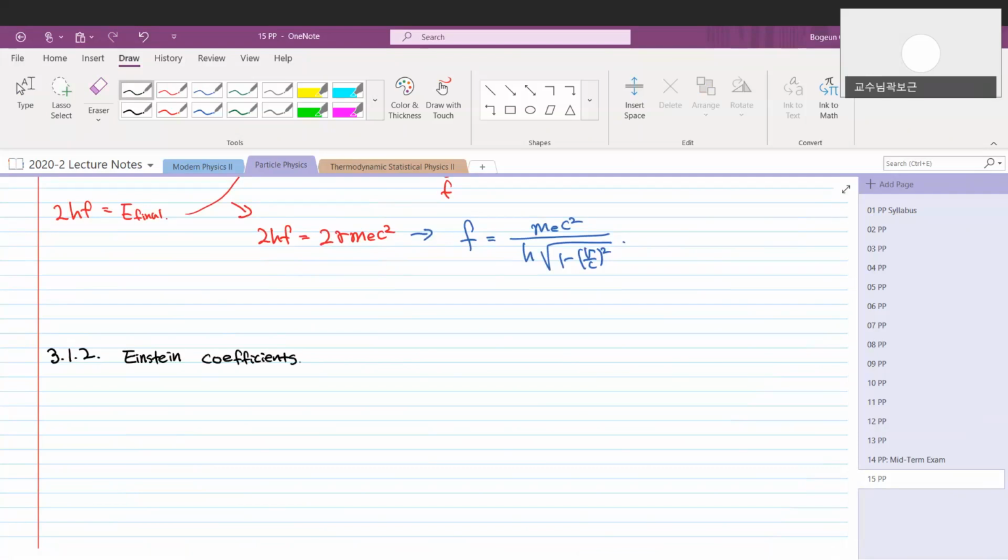So here, the black body radiation is still in equilibrium.